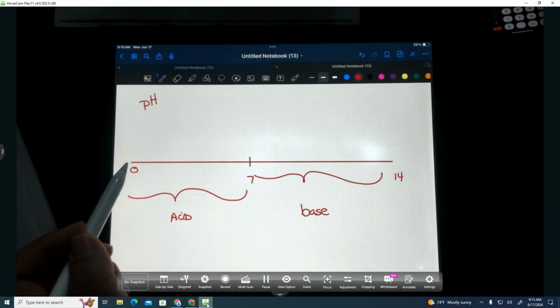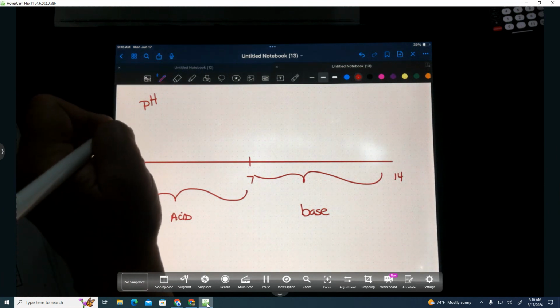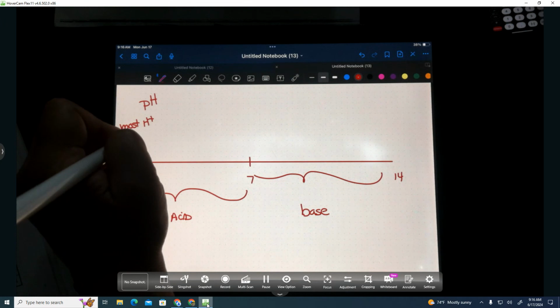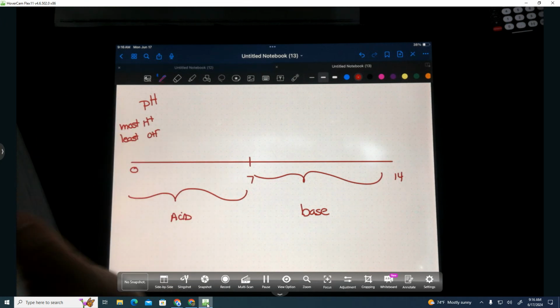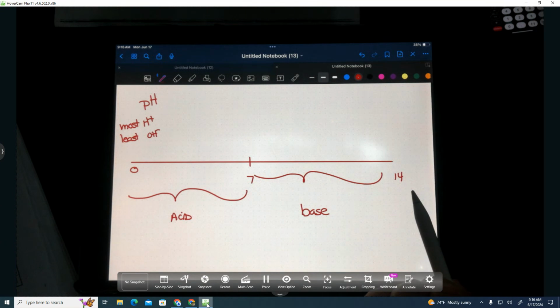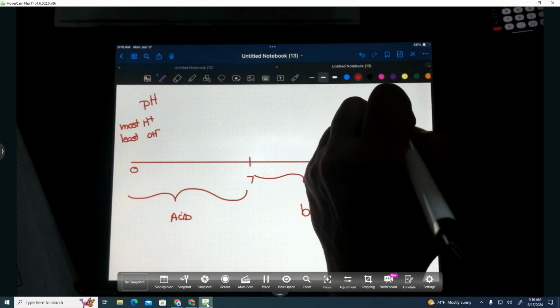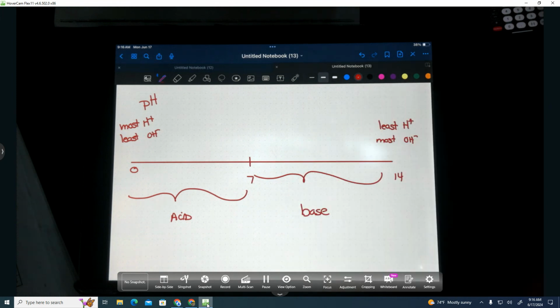Down here, where you're really close to 0, you have the most H pluses and the least OHs. Up here, you have the least H pluses and the most OH minuses.